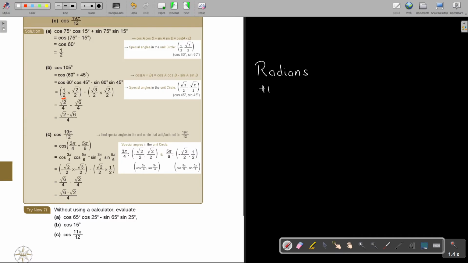So 30 is pi over 6. I know that 45 is pi over 4. I know that 60 is pi over 3. Now I look. This is 90. First let's make the denominators 12. So it's times 2, times 2, times 3, times 3, times 4, times 4.